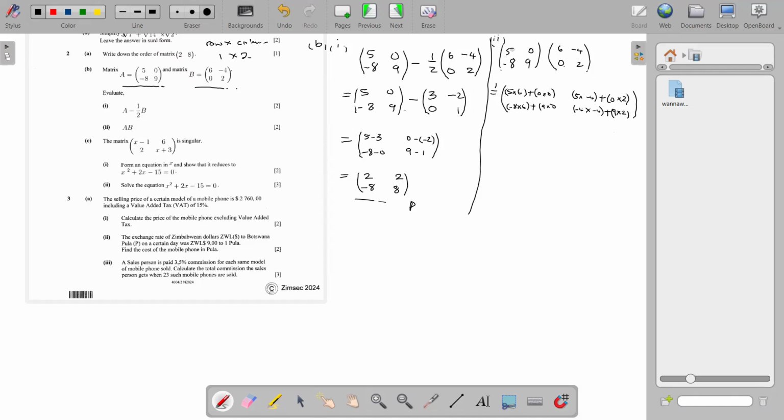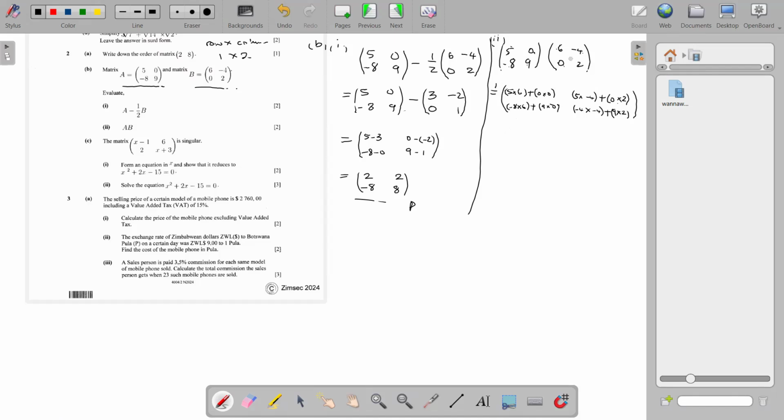If we check, first we said this multiplied by this plus this multiplied by this. This is what we got there. Then this multiplied by this plus this multiplied by this. This is what we got there. Then again, this is what we got here.